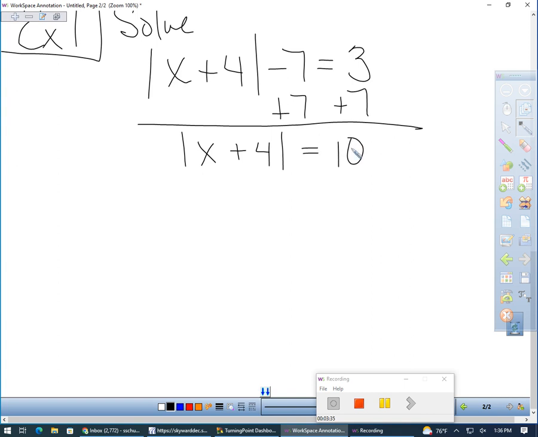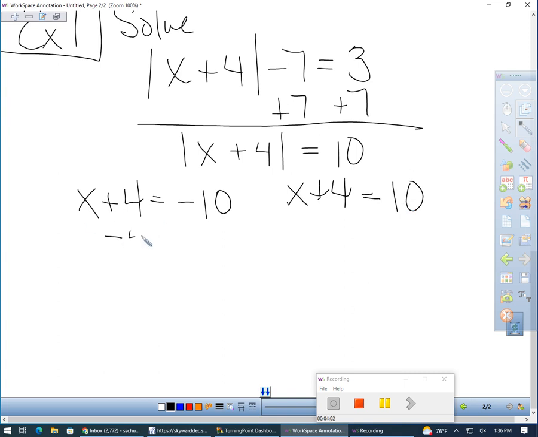Now that the absolute value is by itself, we have to write two separate equations. There is always 2 when there's an absolute value. So we have x plus 4 equals, now I personally like to write my negative on the left because where are negatives? On the left. So I'm going to put my negative 10 on this side, and I have x plus 4 equals positive 10.